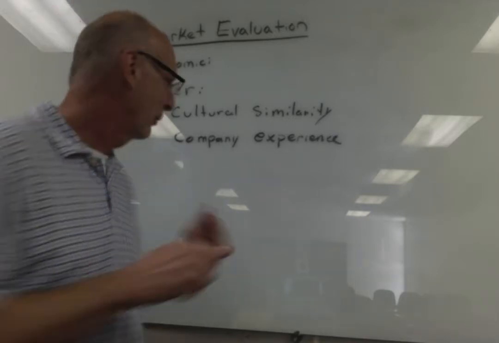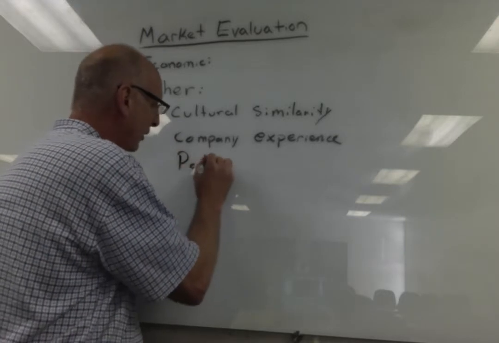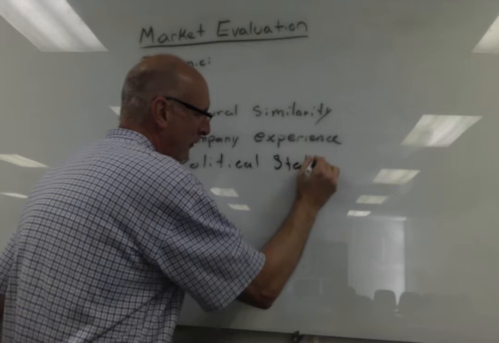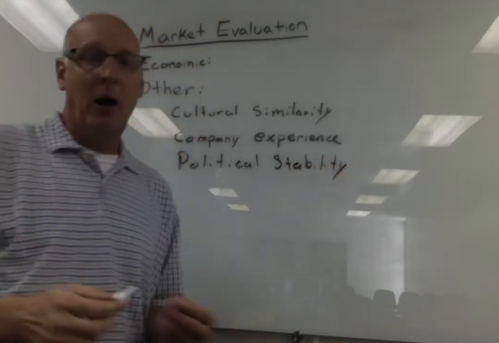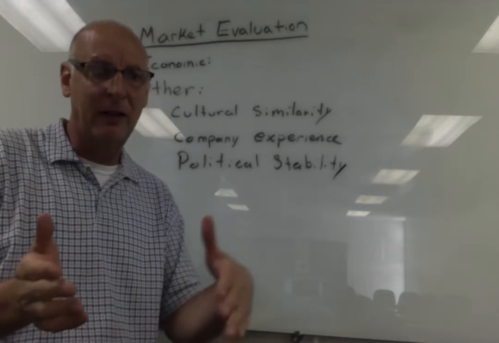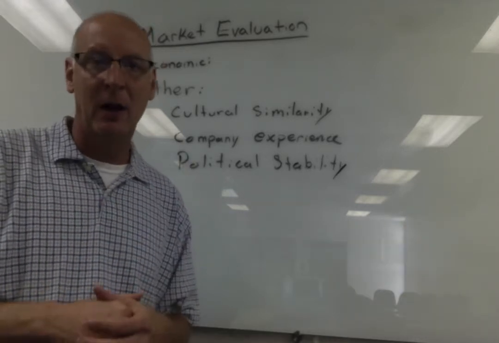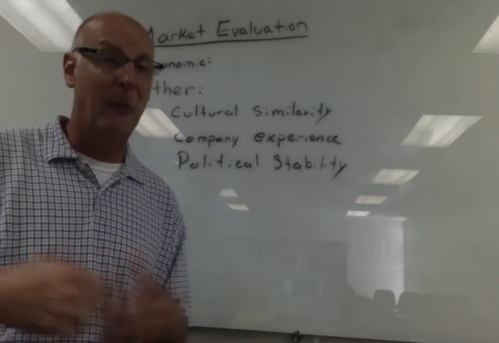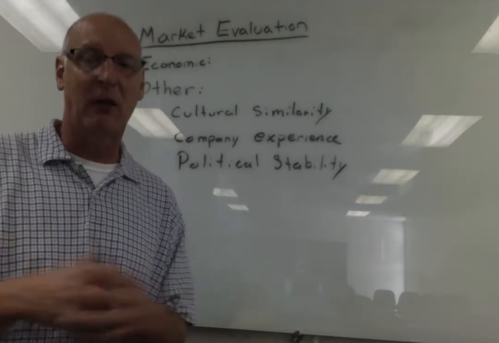Speaking of Venezuela, the other thing we want to think about is political stability in a market. Markets become very unattractive if you might think that in a month or a year from now, things get really rocky as far as political stability is concerned. Right now in Venezuela, it's an ugly market.